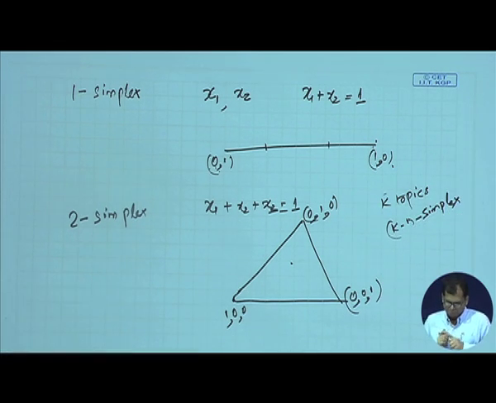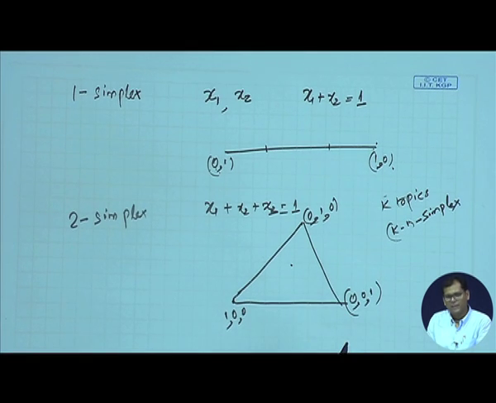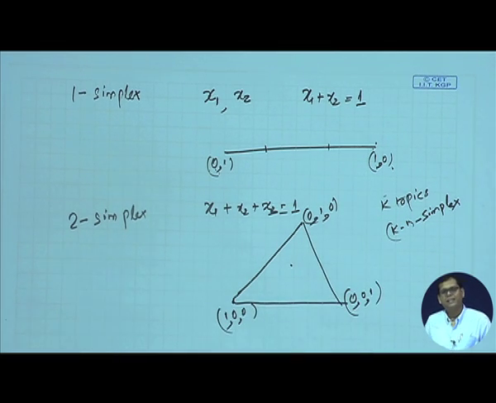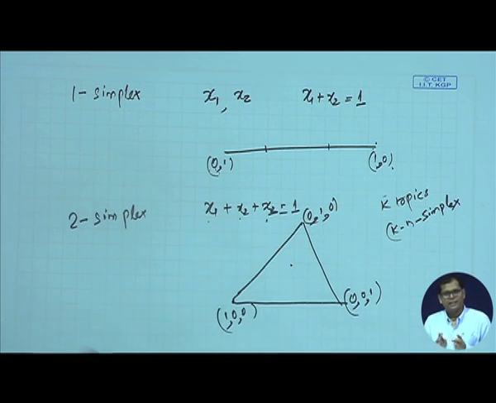Now what is my Dirichlet distribution? It is an exponential family distribution over the simplex, that is, the positive vectors that add up to 1. Let us understand that intuitively first. Suppose I have a two simplex, then my three values x1, x2, x3 can take a lot of different values.